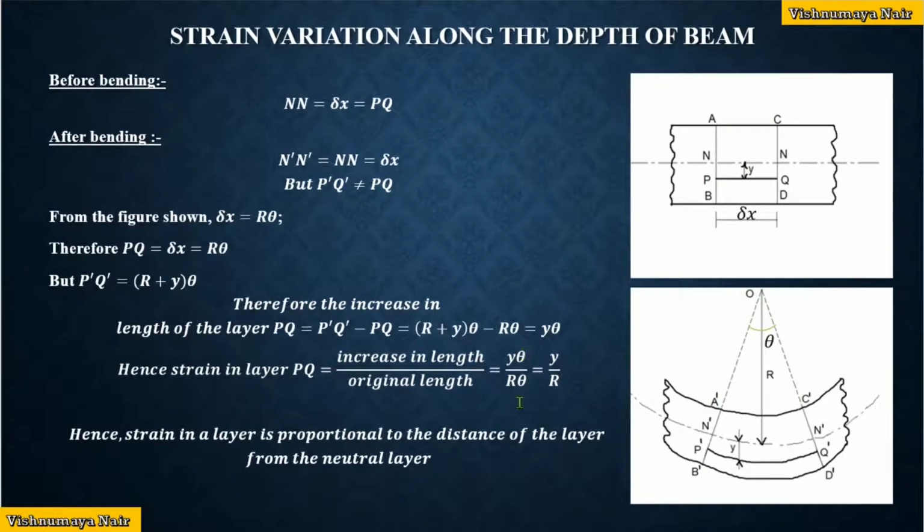So, y theta by R theta, which is equal to y by R. So, here you can see that the strain is directly proportional to the distance y. So, the distance y is the distance of that particular layer from the neutral layer. Hence, the strain in any layer is proportional to the distance of that particular layer from the neutral layer.